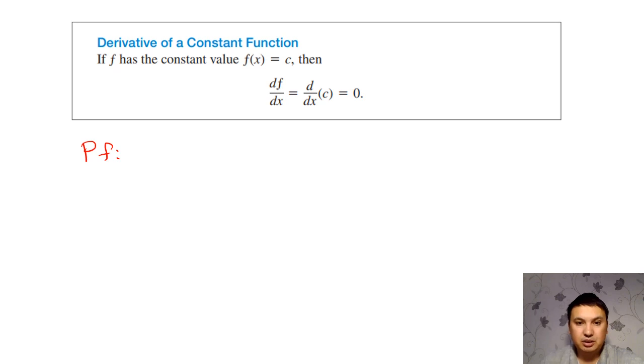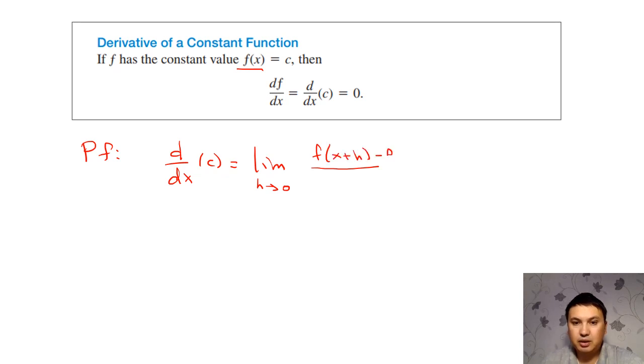By definition, the derivative of a constant function is nothing but the limit as h goes to 0 of f of x plus h minus f of x divided by h.